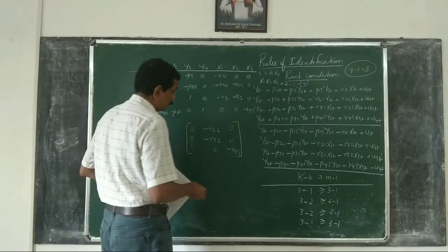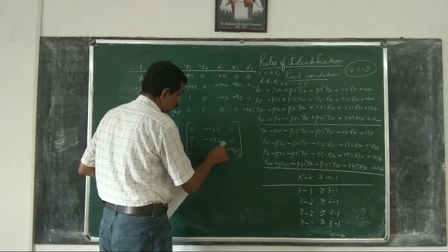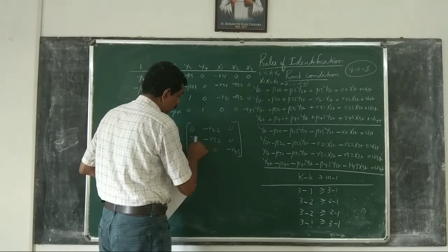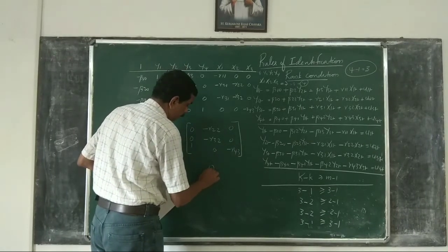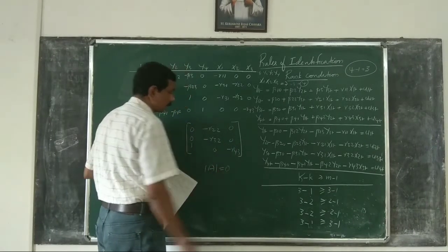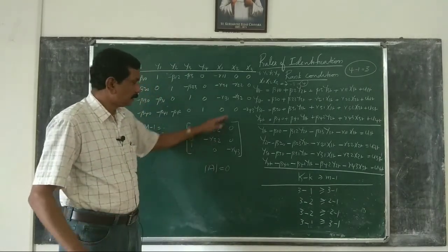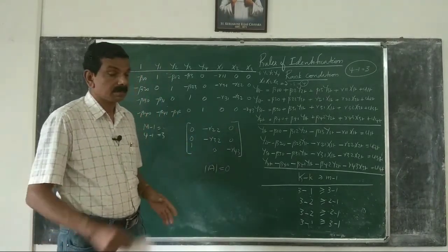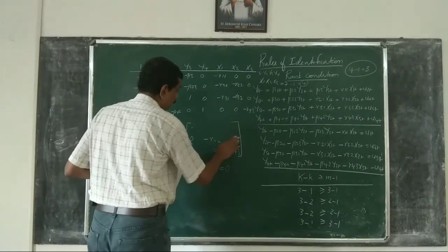As you can see, if you expand along the first row, the determinant of A is equal to 0. So the first equation is not identified, because the rank of this matrix is less than 3; the first equation is not identified using the rank condition.